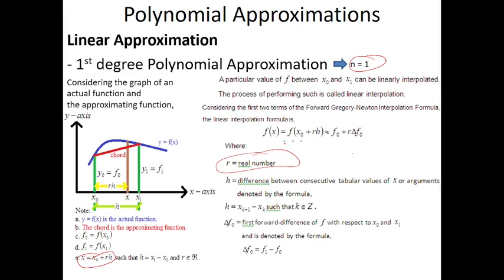Instead of writing x, we write r, the new variable, which is a real number variable. h is the difference between consecutive tabular values of x, or arguments, denoted by the formula h equals x sub k plus 1 minus x sub k, such that k is an element of the set of all integers.